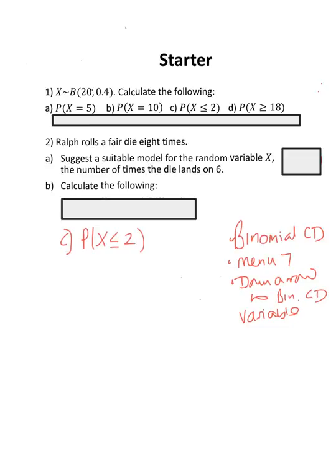We want the variable, and then we're going to input our x here is going to be 2, our n is here is 20, and our probability of success here is our other parameter, 0.4. And when you put those in, you'll get the probability that x is less than or equal to 2. It gives us a probability of 0.0036.